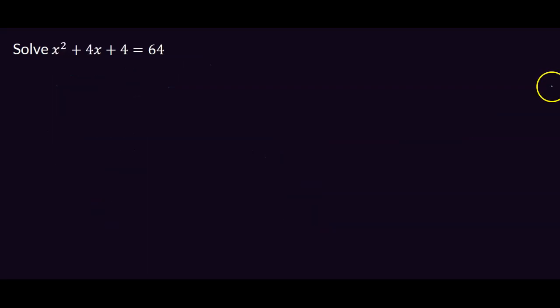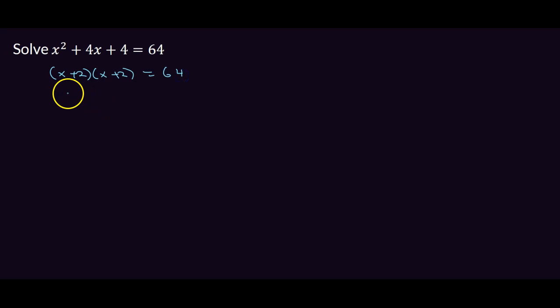And then finally, we have to solve x squared plus 4x plus 4 equal to 64. So let's see if we can create a perfect square here. If we rewrite the expression on the left-hand side, we're going to have x plus 2 multiplied by x plus 2, which is equal to 64.